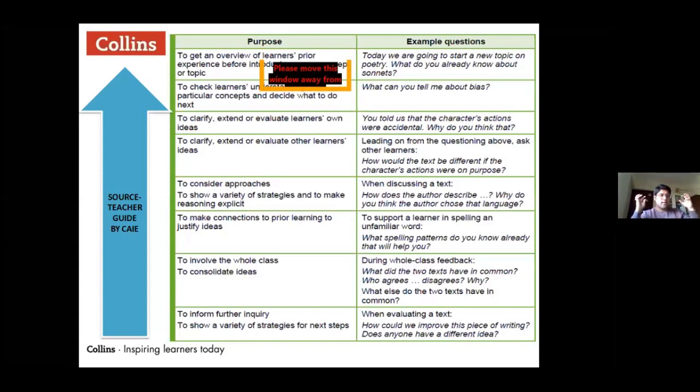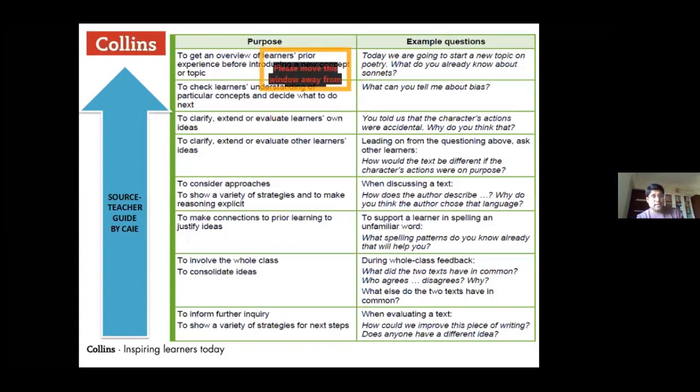Okay, fine. Then jot down all the points that you agree on and all the points that you disagree on. And what else do the 2 texts have in common? Is there something else that we found out over here? Maybe something I as a teacher have missed out, but somebody else spotted it. So write it out.